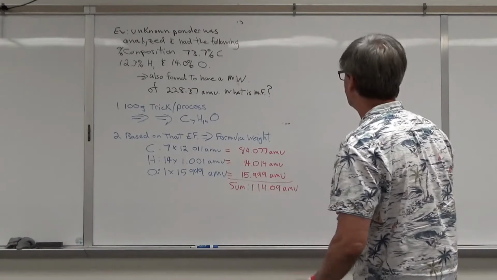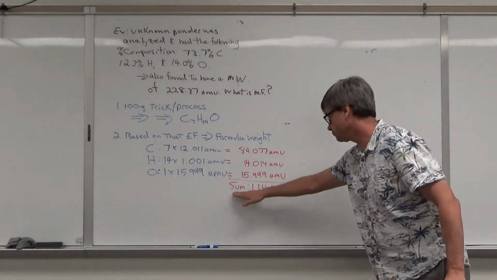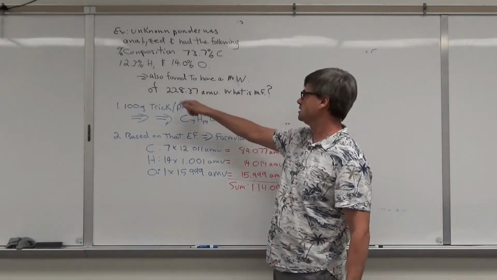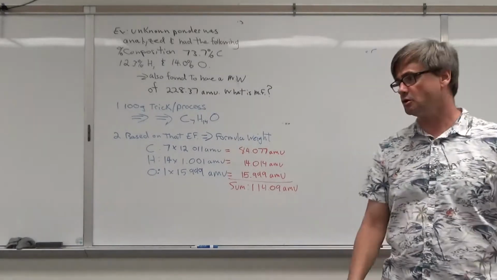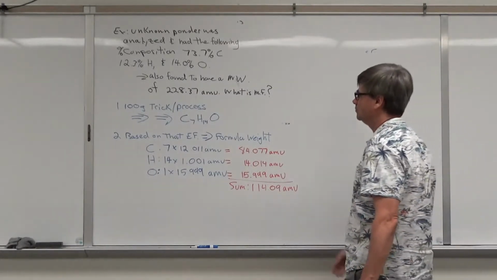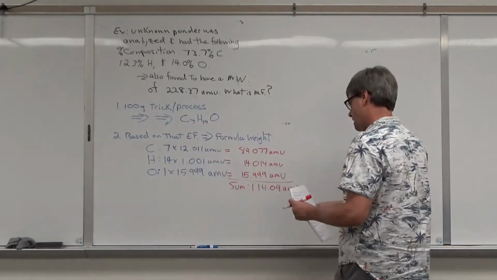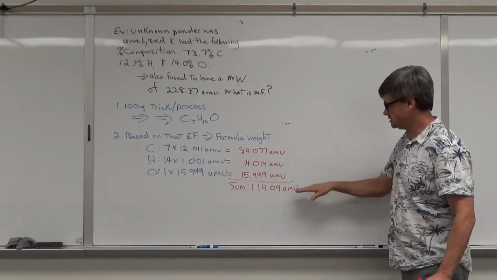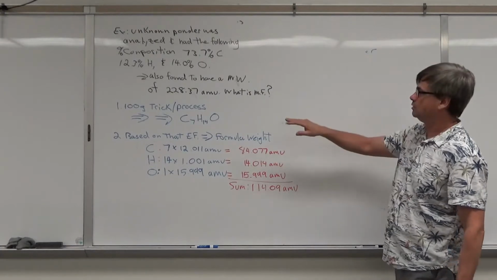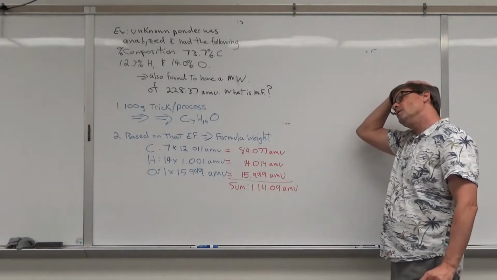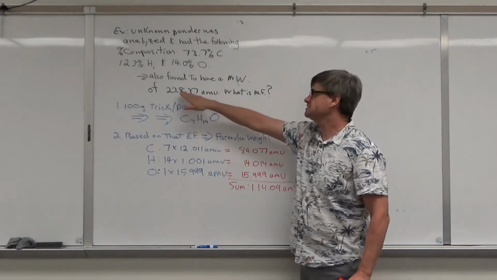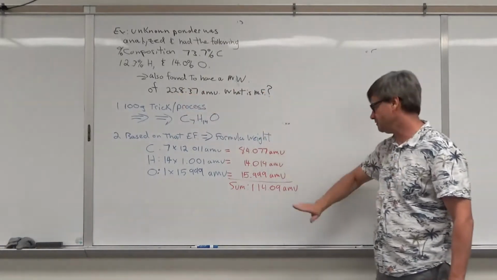We see that our formula weight is not the same as our molecular weight, so our molecular formula is actually different than that. What you're always going to find is that this is some whole number multiple of this one.